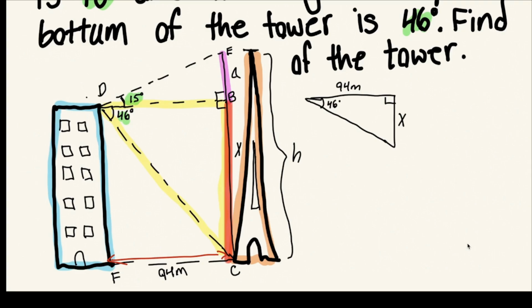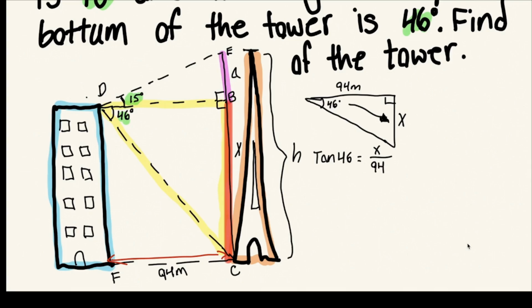So now, what trigonometric ratio can we use? If you go through SOH CAH TOA, we can use tan, because if we use tan, it will be tan 46. I'm jumping a few steps here, but tan 46 equals the opposite. Opposite is what we're solving for, so x over the adjacent, which we have, is 94.